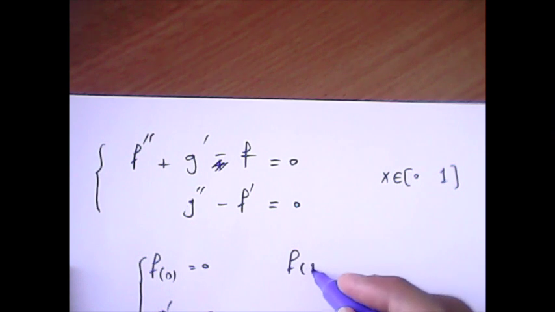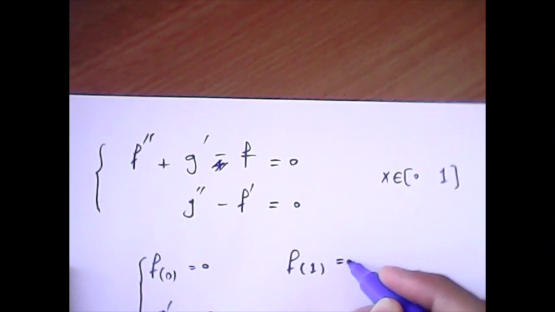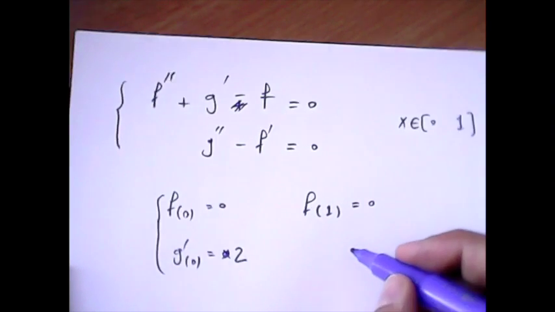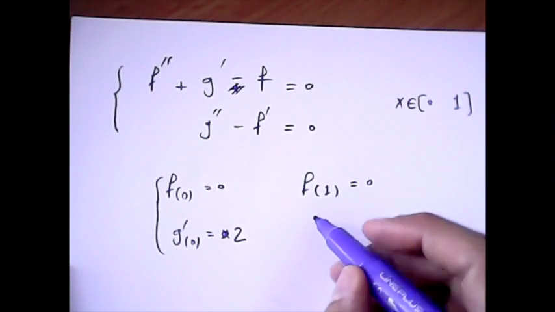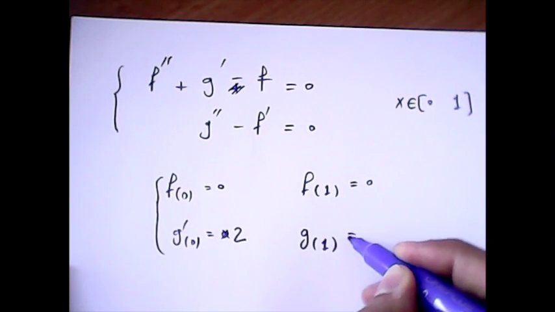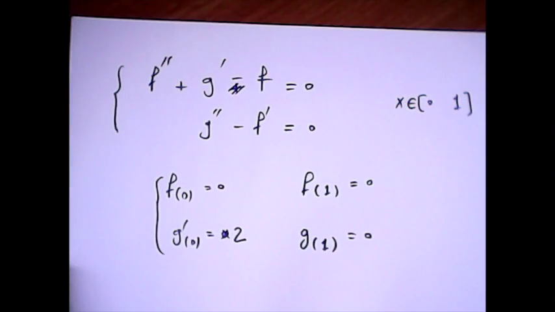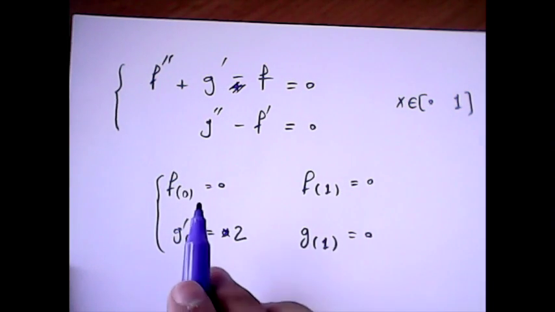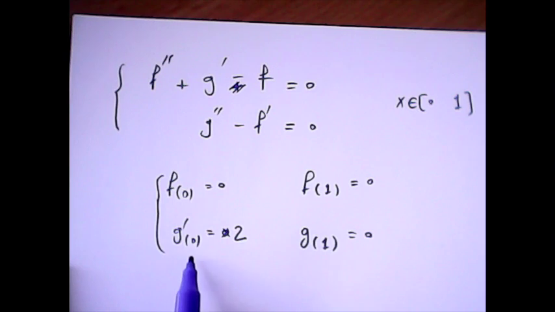F at 1 equals 0. And g at 1 is equal to 0. Alright? So let's see how many boundary conditions I have. I gave you 4 of them.